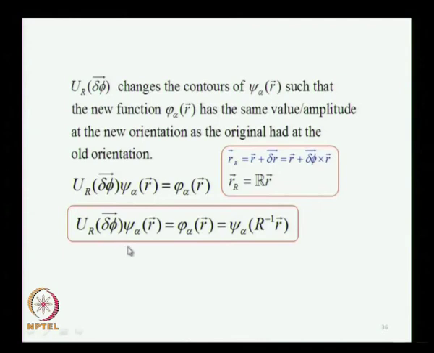Okay, so you have to find out what kind of an operator will generate this transformation. So let us write that. You have the rotation operator which operates on psi, it gives you a new function, and the reason there is no stretching, compression, deformation involved means that the new function will have such amplitudes at the new orientation as the original had at the old orientations.